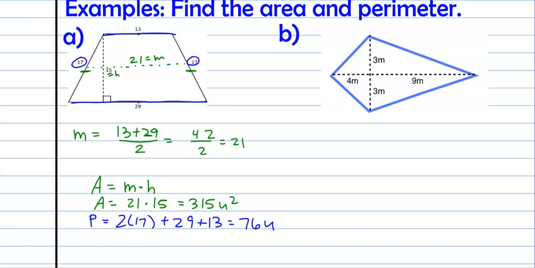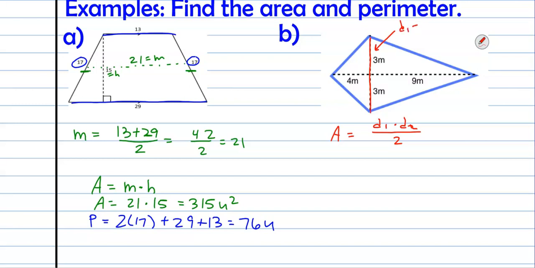All right, and then we're over here with a kite. So just a reminder, when you're finding the area of a kite, you need to find your diagonals, multiply them together, and divide by 2. Okay, so one of our diagonals is right here, which is 3 plus 3.